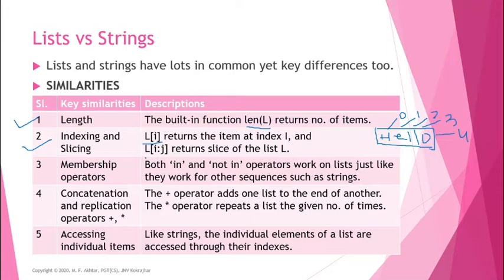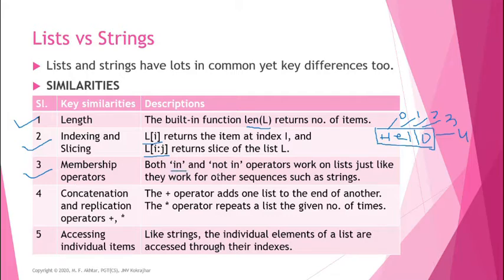Okay, we can have slicing also, means a part of a list we can obtain by giving the starting index number and the last index number, and in between we put a colon. We will see some examples later in this session also. We have membership operators.